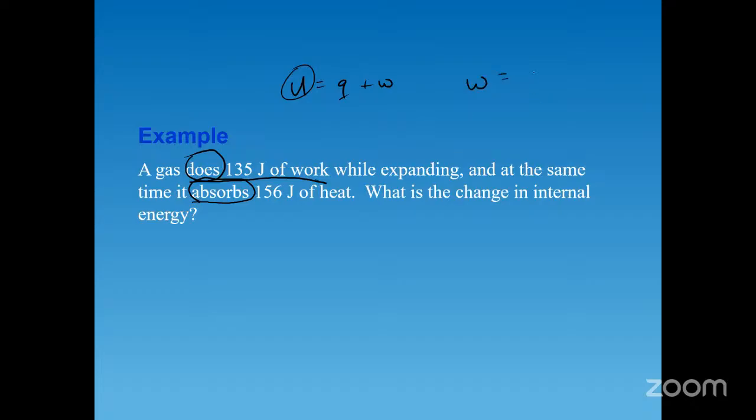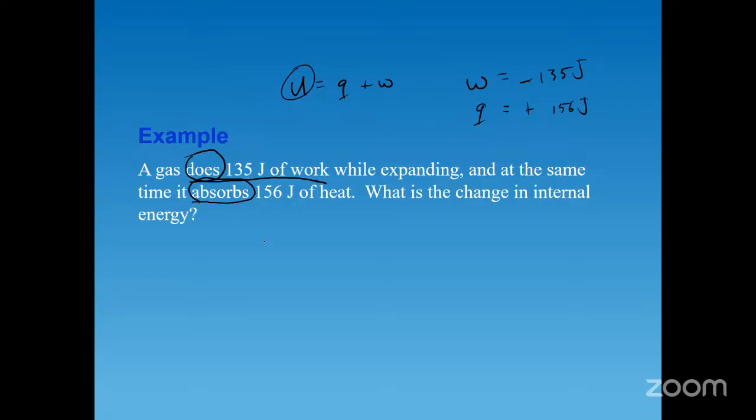So that means that W is equal to minus 135 joules, right? And then it says here that at the same time, it absorbs 156 joules of heat. So what does that mean for the heat change? Is that negative or positive? It's gaining energy, so therefore, positive 156 joules, right?